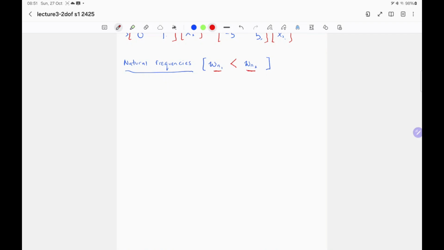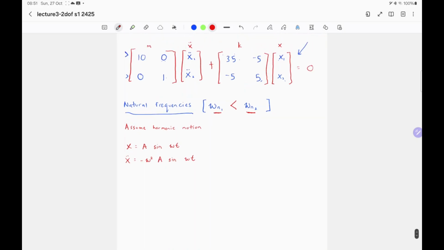Alright, first we need to assume harmonic motion. Harmonic motion is given by x equals A sine omega t, and x double dot, the second order differentiation, is negative omega squared A sine omega t.